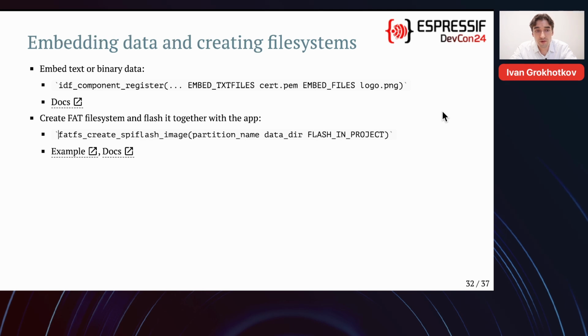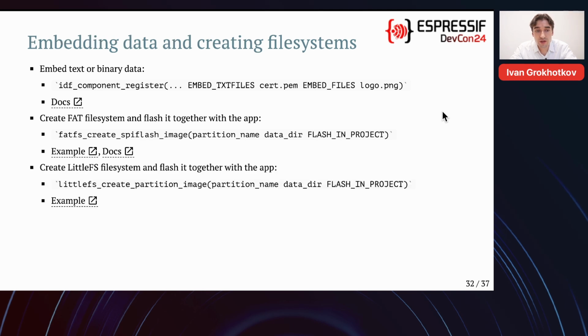For example, for FAT file system or for LittleFS file systems, there is a very similar syntax where you call a command fatfs create SPI flash image or littlefs create partition image, specifying the name of the target partition where you want to add the file, the directory which contains your source files, and a keyword saying that you want to flash those files during idf.py flash.